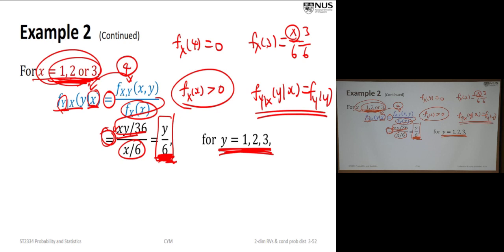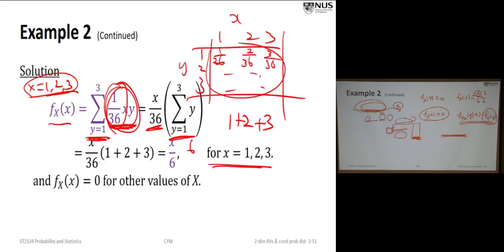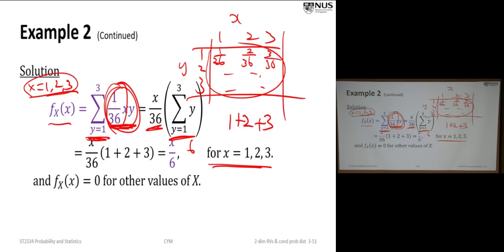This is the formal definition of x and y being independent. All right, it doesn't matter what the y is. So you can check the marginal of y, which I did not work out. In fact, you look at this, the working here.